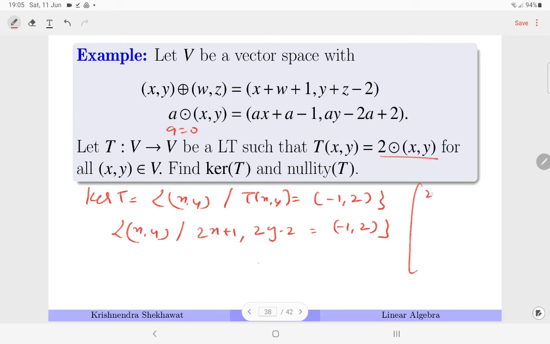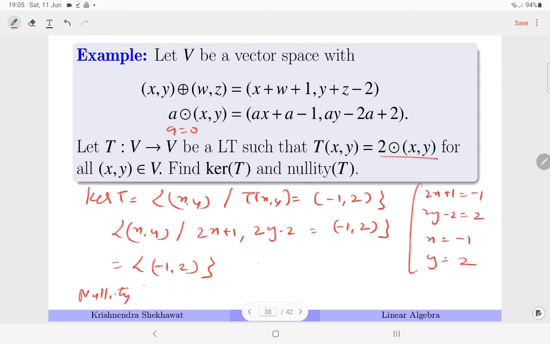So this gives me 2x plus 1 is equal to minus 1 and 2y minus 2 is equal to 2. Solving further, x is equal to minus 1 and y is equal to 4 by 2, which is 2. Therefore it becomes (-1, 2). Now (-1, 2) is the 0 vector of the given vector space.